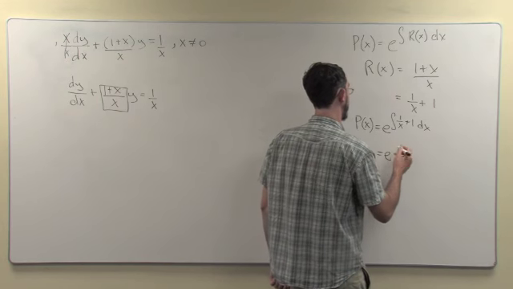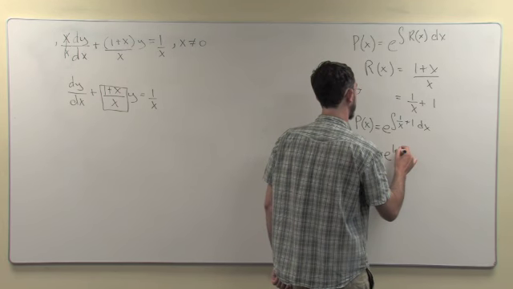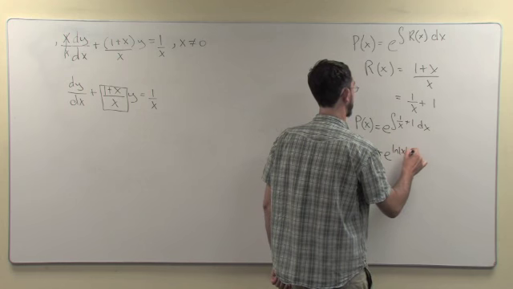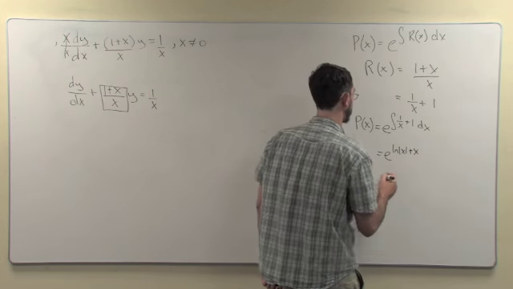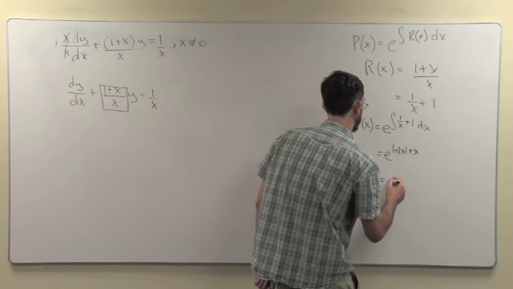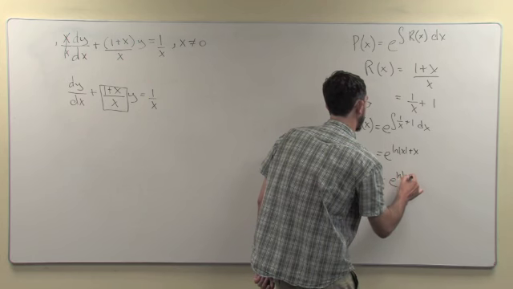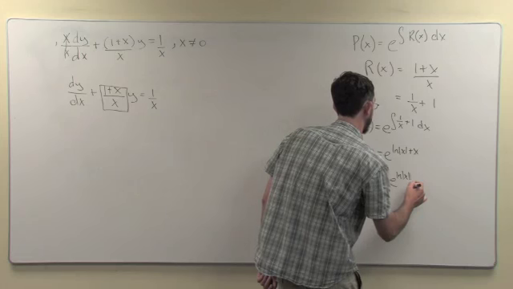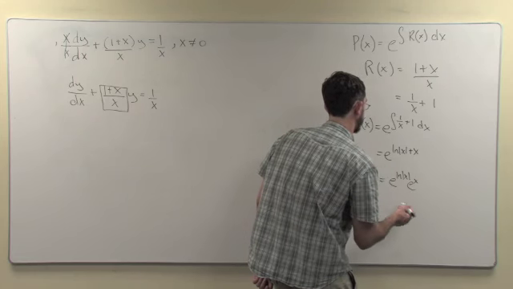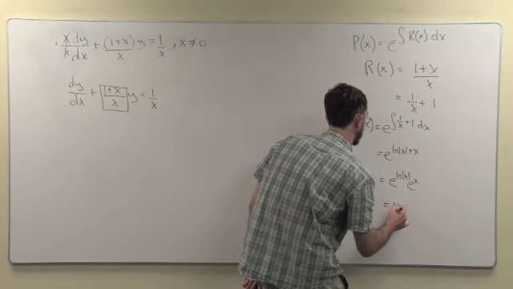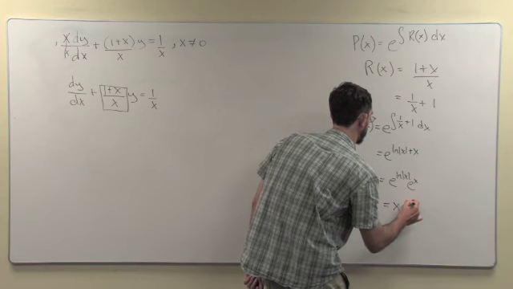Integrating, we have ln of the absolute value of x, plus x, which simplifies into ln of the absolute value of x times e to the x, which is x times e to the x.